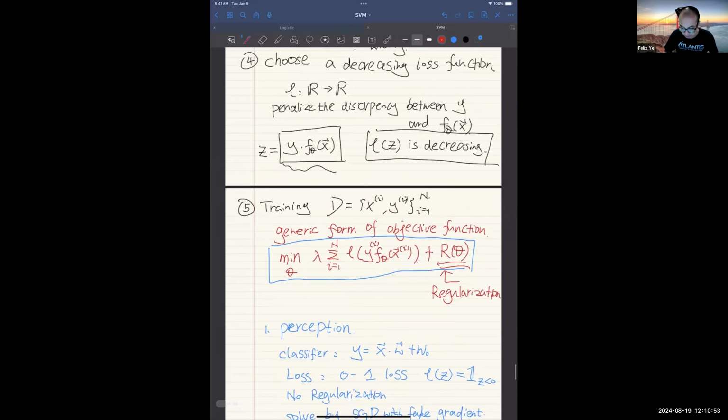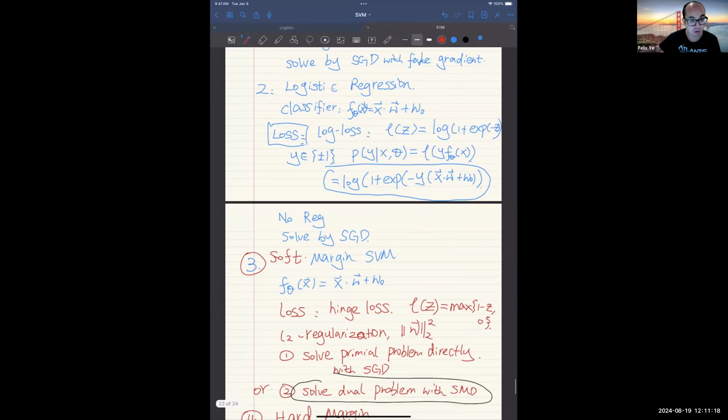The difference between classification and regression here lies in the prediction part, whether you want to make this prediction to be +1 or -1, or some continuous target values. In fact, you can basically work on everything for regression if you want.